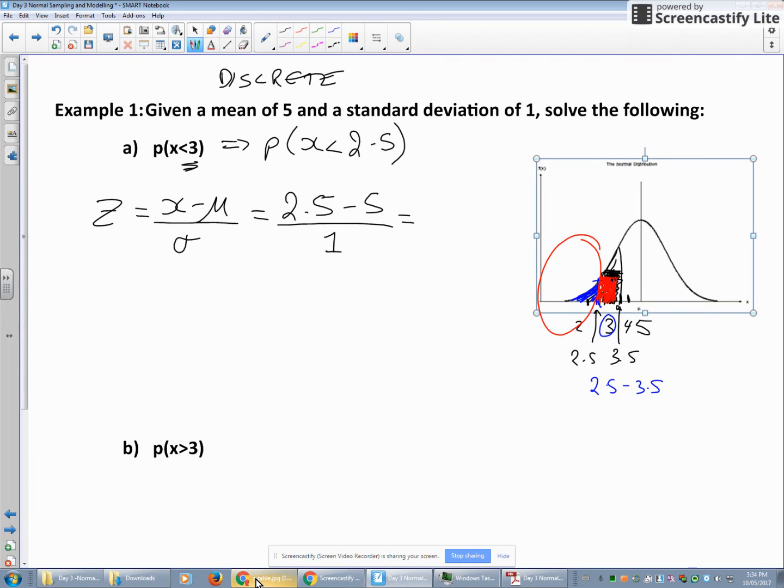This gives me a z value of minus 2.5. The fact that it's a 2.5 and my x value is a 2.5 is completely unrelated. It's a total coincidence. Don't think that those need to be the same. So I now have my z value of minus 2.5.